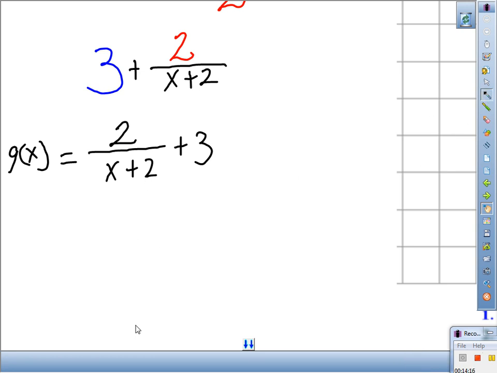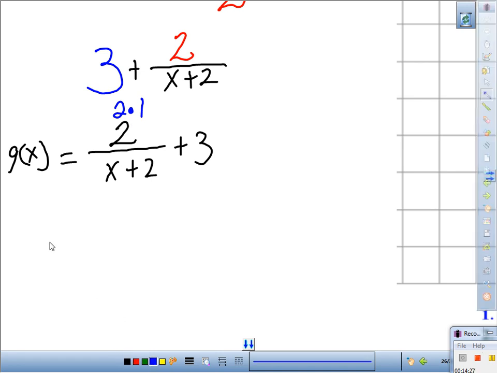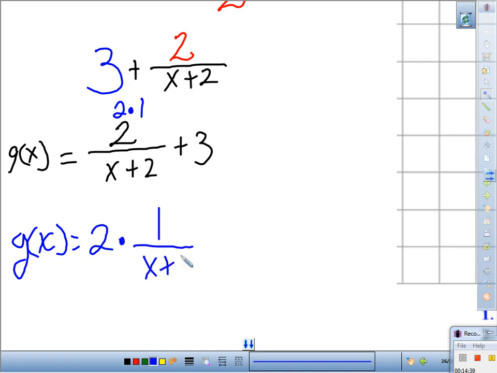So what are my factors of 2? 2 times 1. So if I move this 2 to the front and leave just the 1 there, my new function would be g of x equals 2 times, what's left? 1 over x plus 2, plus 3.